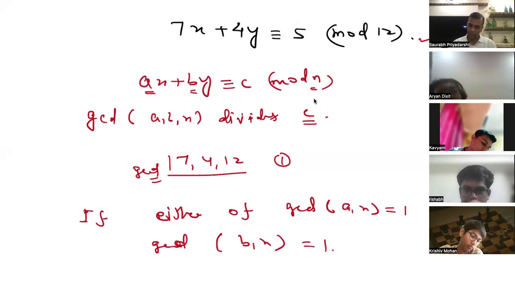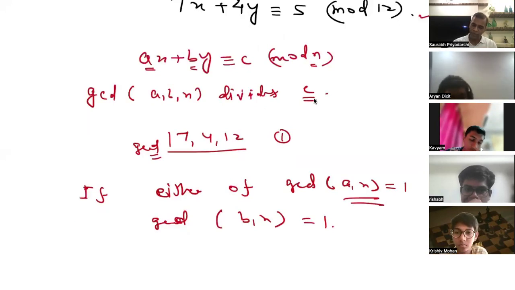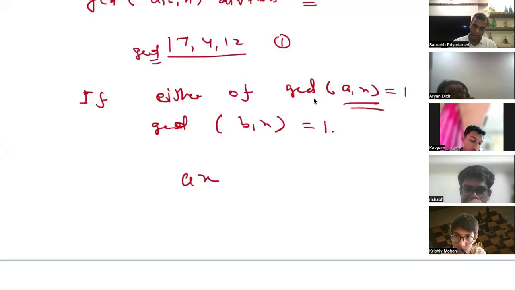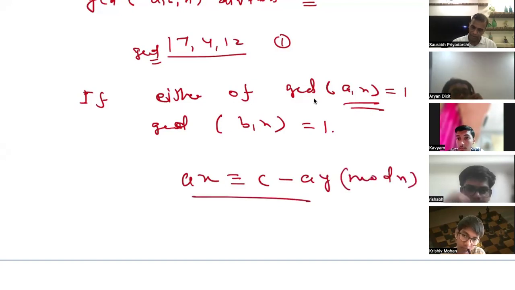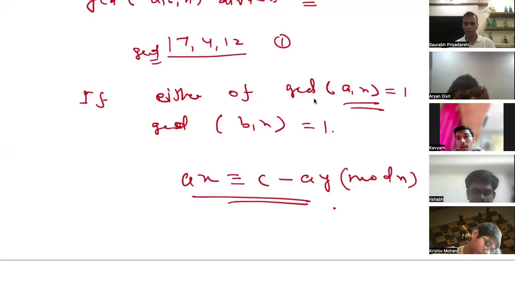Here GCD of A and N is equal to 1, but GCD of B and N is 4. So one of them should hold; let's say A and N is equal to 1, which I have. Then we can express the congruence as AX congruent to C minus BY mod N. Right? Then we have to get the solution out.